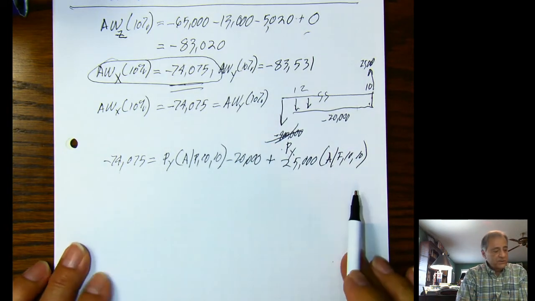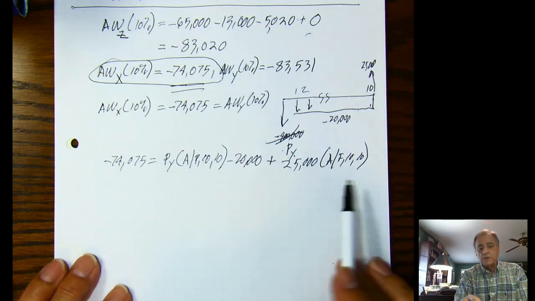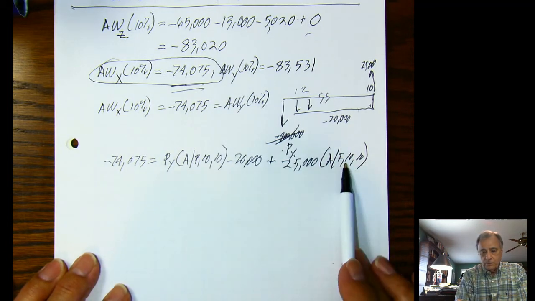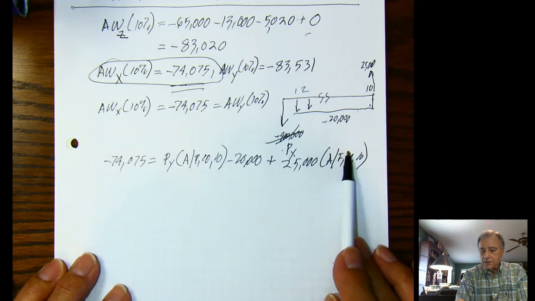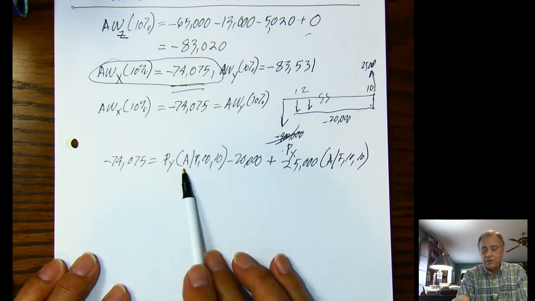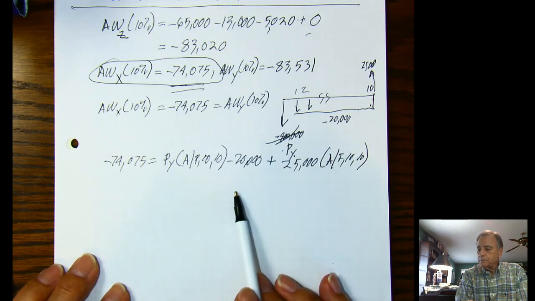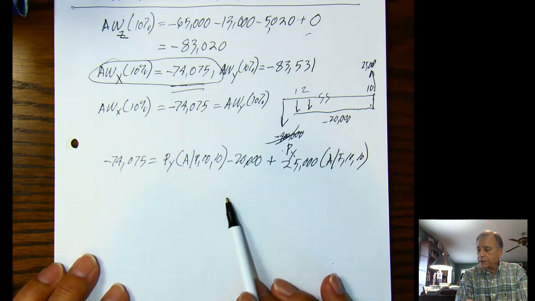And now we have to solve this equation for this present value. Well, everything is known. This can be looked up in a table or computed and so on. So once we do that, I'm going to get the following.